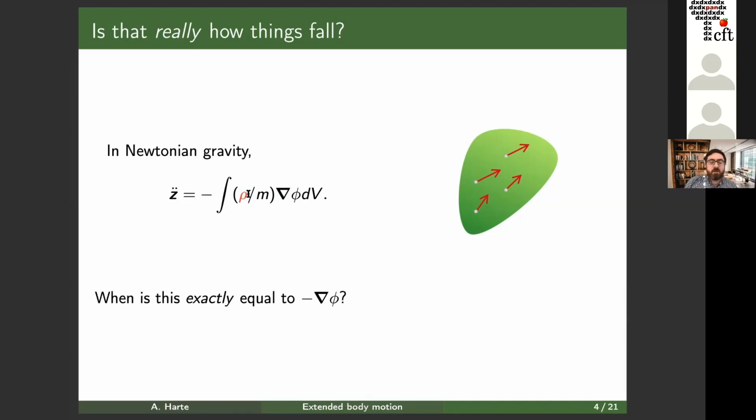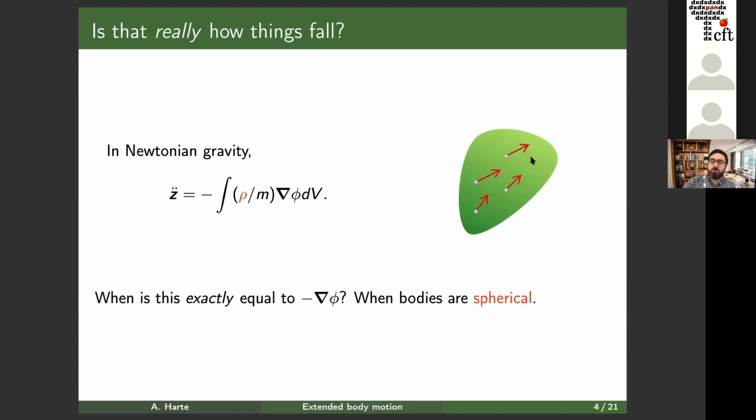And you could ask, all right, when is this actually equal to the thing that we had before, just the gradient of the potential evaluated at the center of mass? The first question to ask is, when is it exactly equal to that? There are a couple different things you could say, but it turns out to be exactly equal if your object is spherically symmetric.